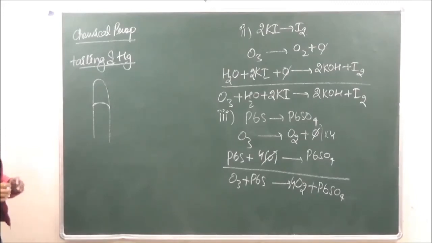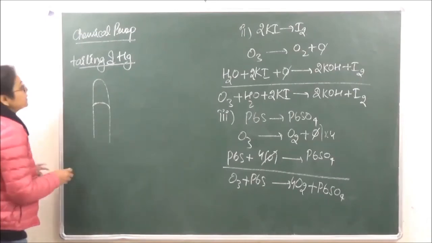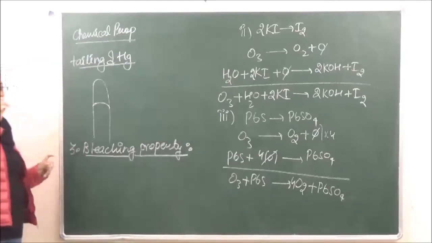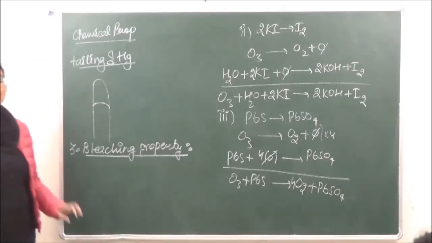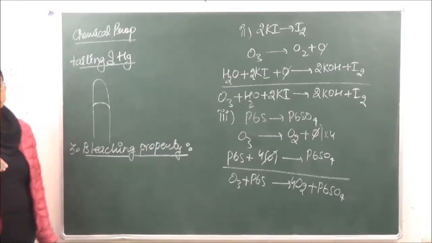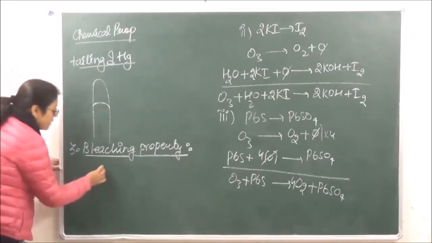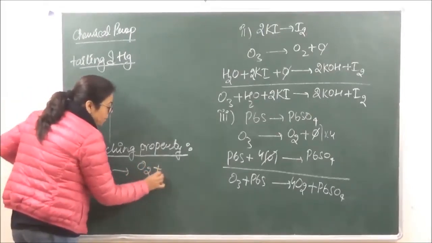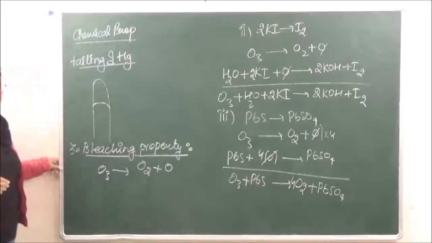Then the next property which we are going to discuss is the bleaching property. Bleaching means to render anything colorless. Now it bleaches because of the nascent oxygen which it gives. So we have ozone giving us oxygen plus nascent oxygen.